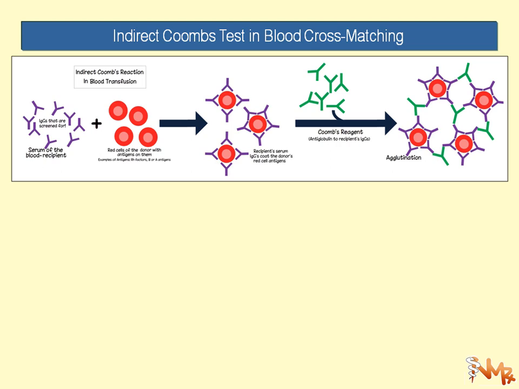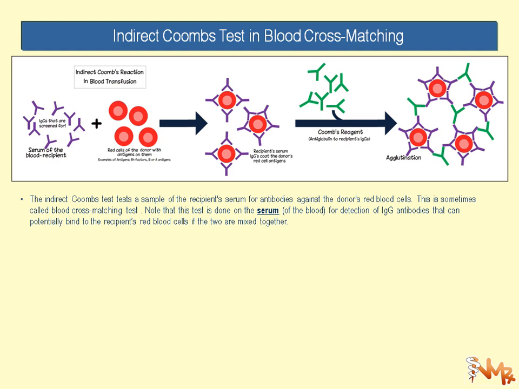We do this test in the lab to make sure that the blood that we are about to transfuse to a particular patient will not cause a reaction in that patient. So the indirect test tests a sample of the recipient's serum, not blood. Serum means that we have separated the cells from that blood, and we test it for antibodies against the donor's red blood cells.